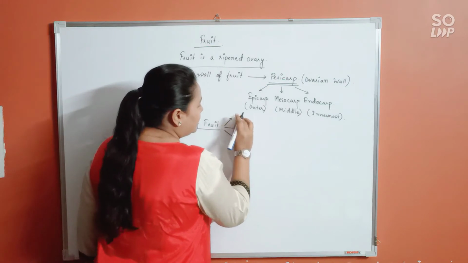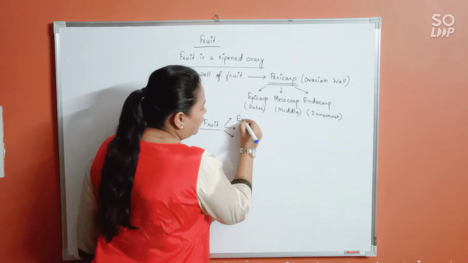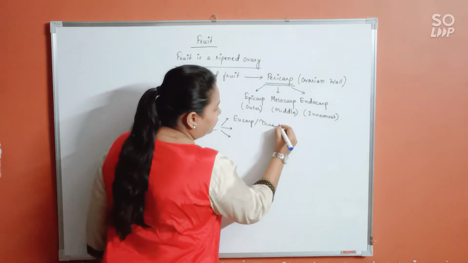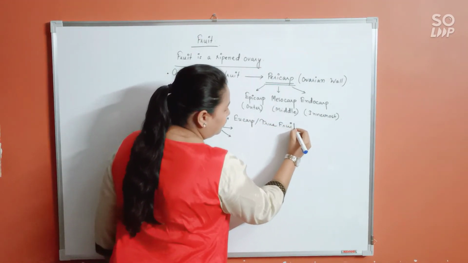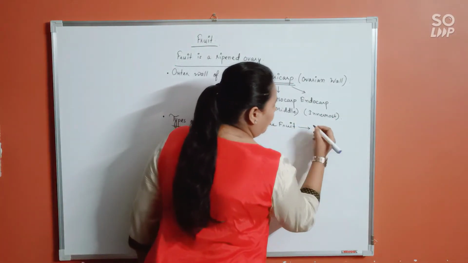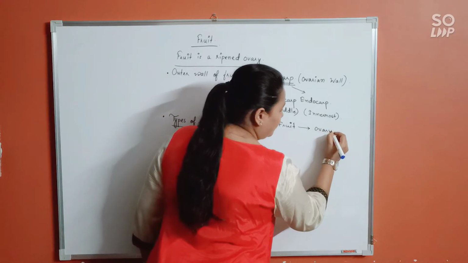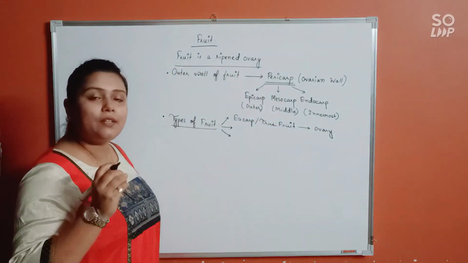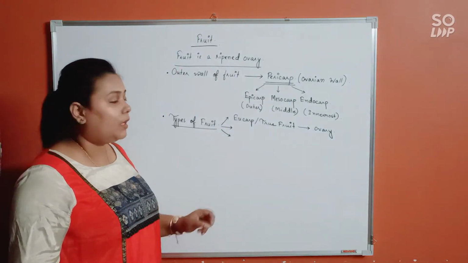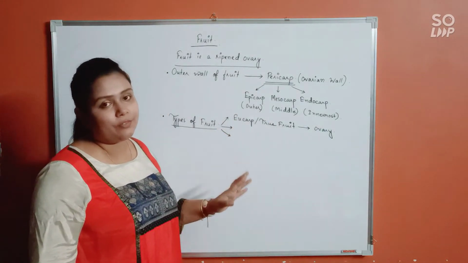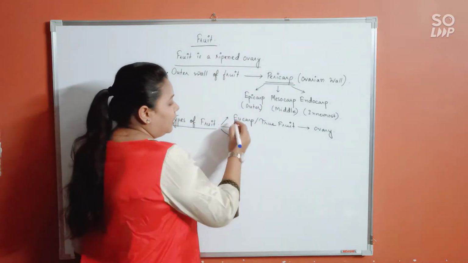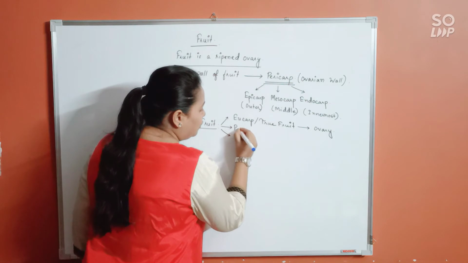First is eucarp or true fruit, right? The one that directly develops from the ovary is going to be known as eucarp. Eu means true, carp means fruit. So, true fruit.